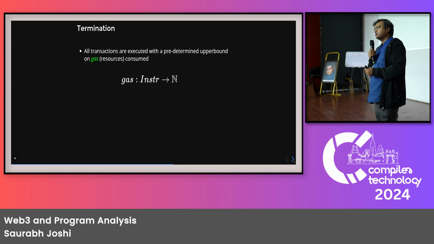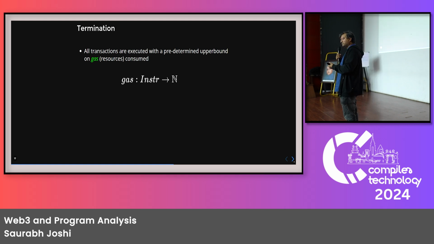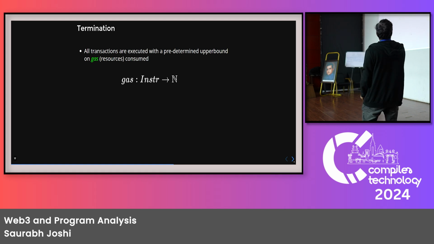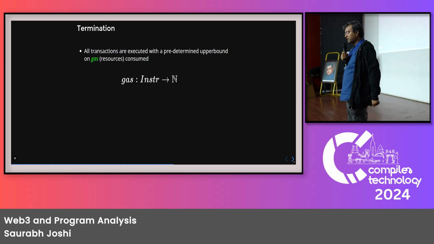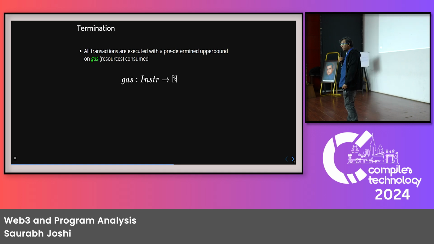Gas measures resources in terms of storage, in terms of bandwidth, in terms of computation. And it says that while your program is running, the moment you consume this much gas, that's it. If the transaction has not completed successfully by then, it is out. The transaction is aborted. Right? So that is how you take care of termination. I'll take questions later. Yeah. So that is how it deals with the termination.